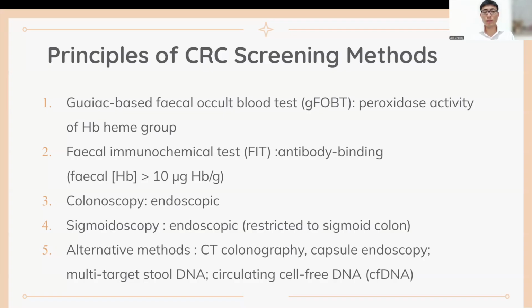Colonoscopy and sigmoidoscopy are endoscopic methods, while sigmoidoscopy restricts the scope to the sigmoid colon only. There are also alternative methods, including direct visualization by capsule endoscopy, CT colonography, and multi-target stool DNA. Non-invasive methods testing CRC biomarkers in circulating cell-free DNA have also been developed.